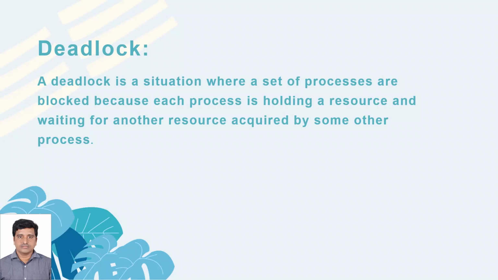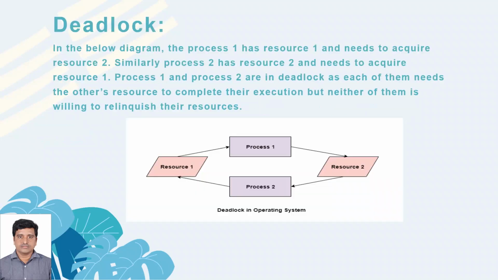So deadlock depends on request, use, and release. If the request is finished, the printer, or the resource, is released. Otherwise, deadlock happens. So it is a deadlock cycle. The diagram explains it. We have two processes, process 1 and process 2, and two resources, resource 1 and resource 2.